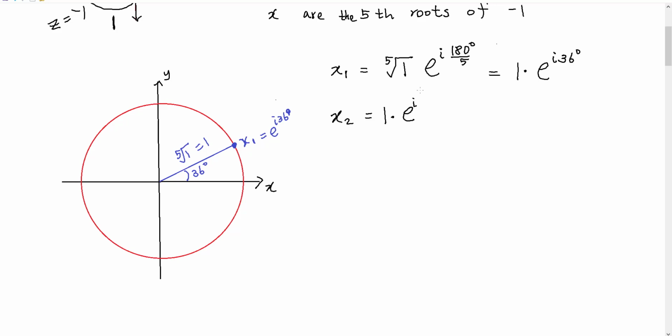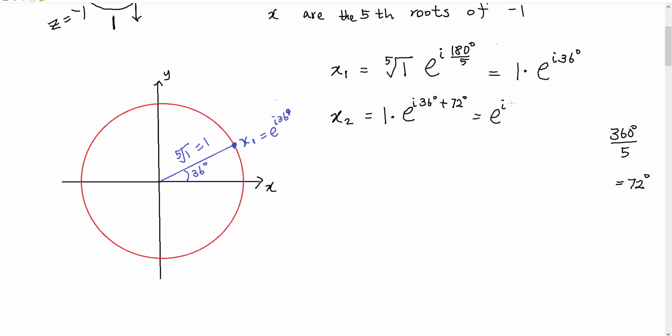So the next one is 36 degrees plus 72. And 72 is 360 divided by 5 because they are equal angle measure apart on the circle. So that's why I'm adding 72 degrees.